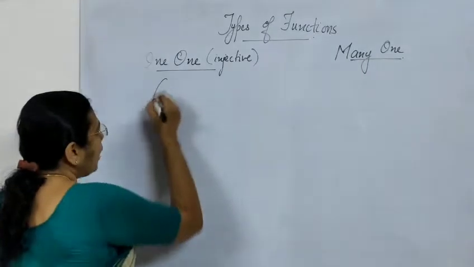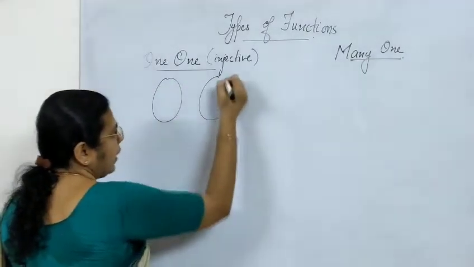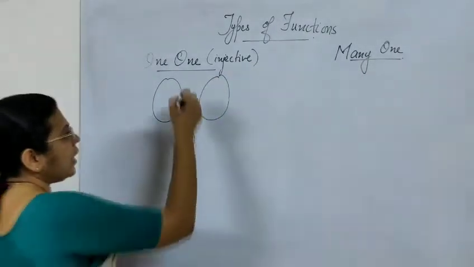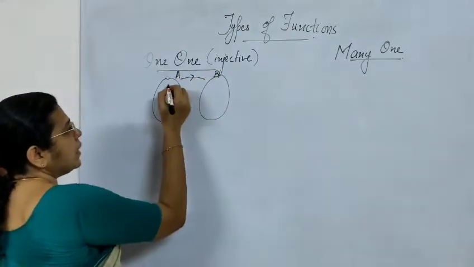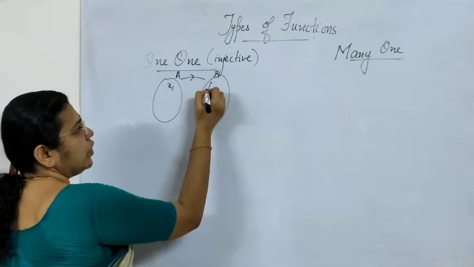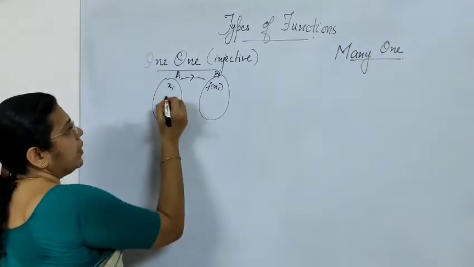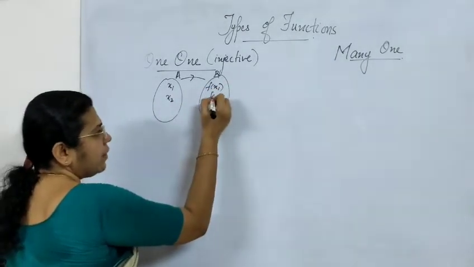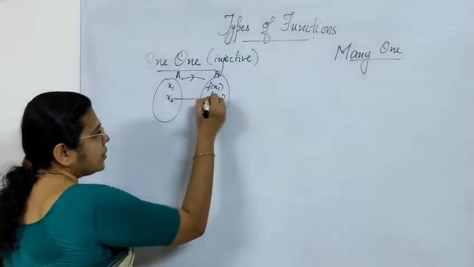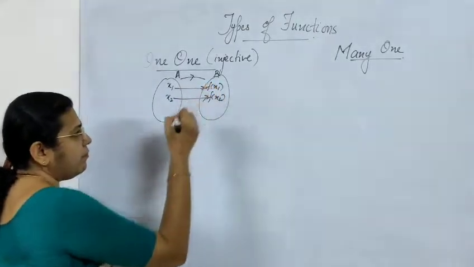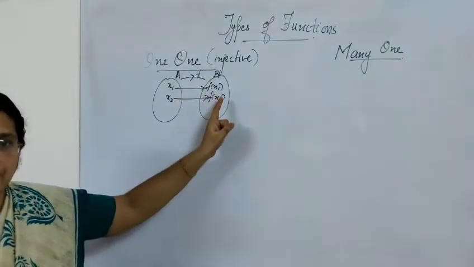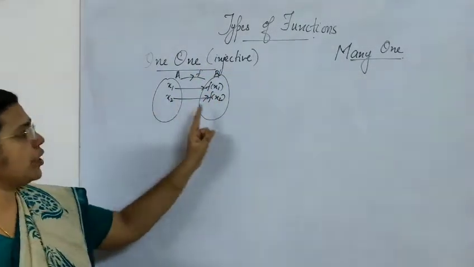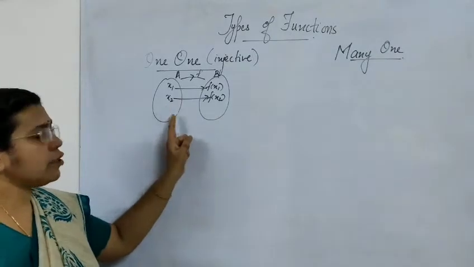Okay, so I shall draw an arrow diagram. Let f be a function from A to B. Corresponding to x1, what will you have? f of x1. x2, what will you have? f of x2. And x1 maps under the function f to give f of x1, and x2 gives f of x2, and so on.